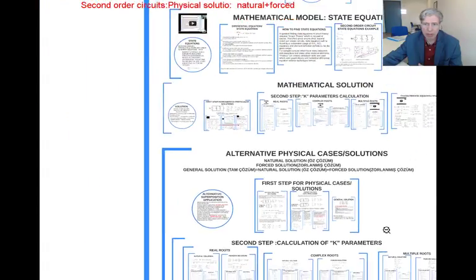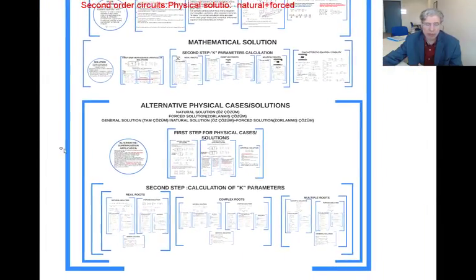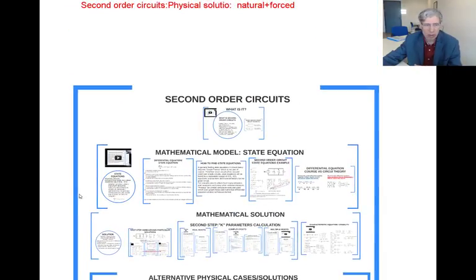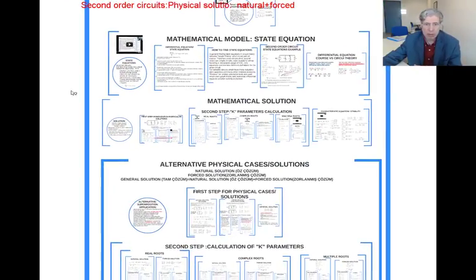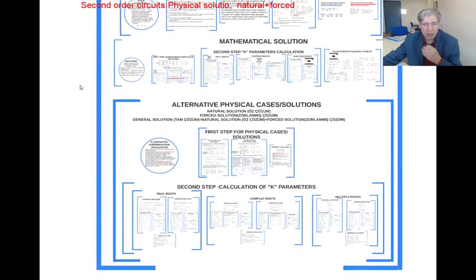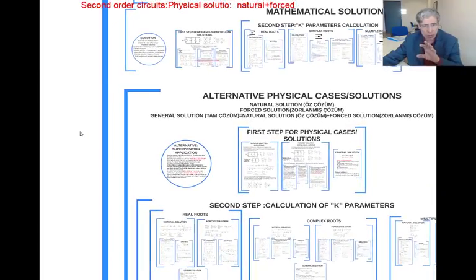Why is it alternative? We are saying the given circuit, which is this given circuit here, I can analyze in a different way. What is this way? This is what we are going to explain right now.